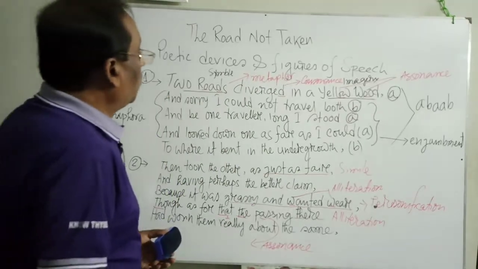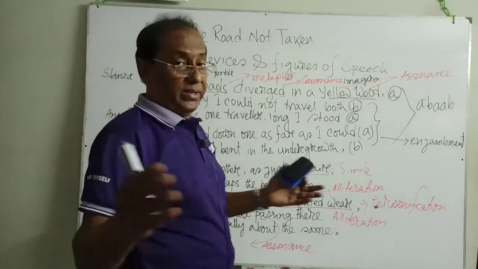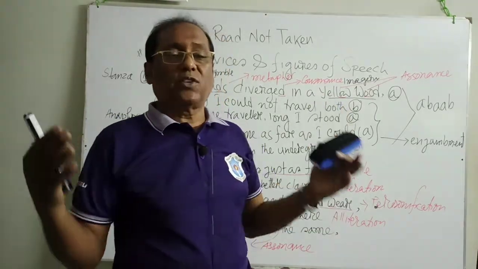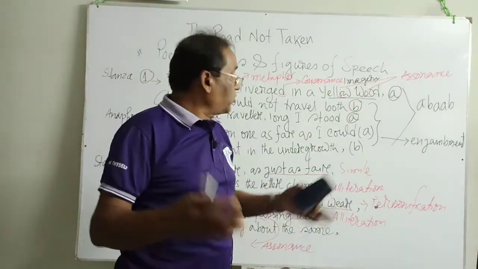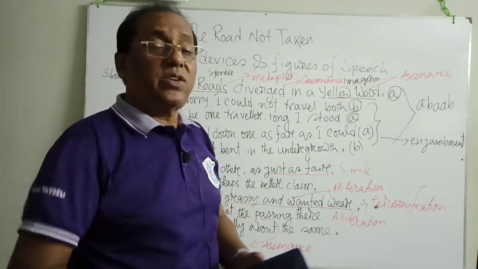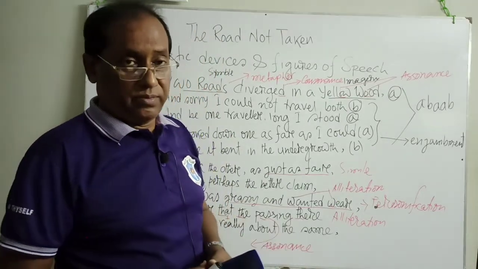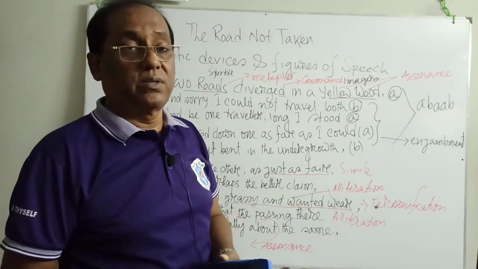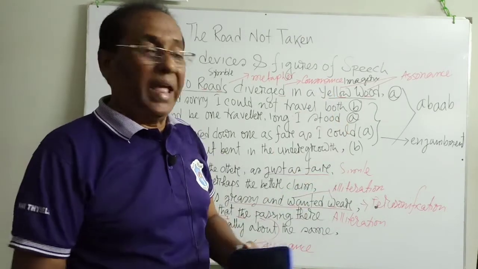Again, we find assonance. What is assonance? Assonance is the repetition of vowel sound in words closely related.